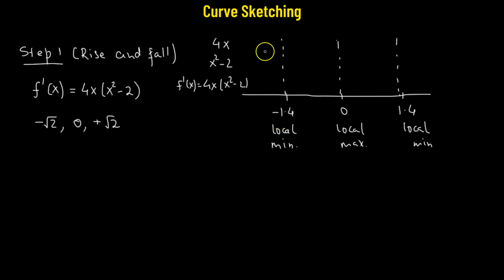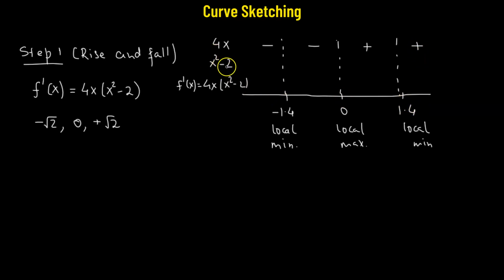If we take -2, the sign will be negative. For values lying between -1.4 and 0, let's say we take -0.5, this will be negative as well. For values between 0 and 1.4, if we take positive 0.5, then 4x will be positive. And for values greater than 1.4, it will be positive.